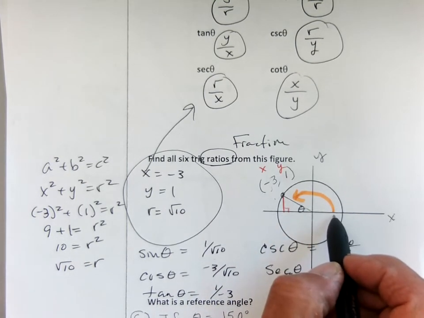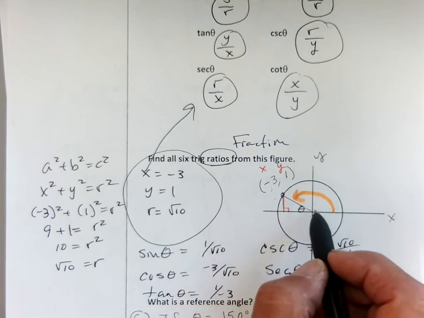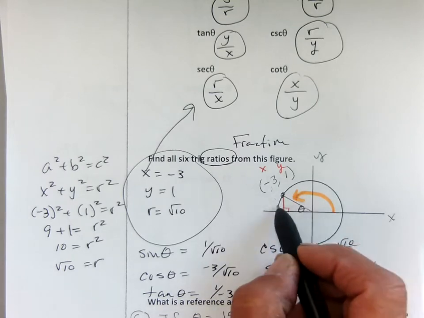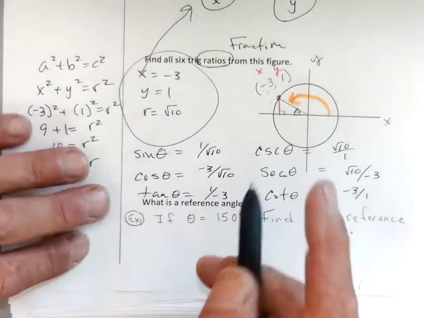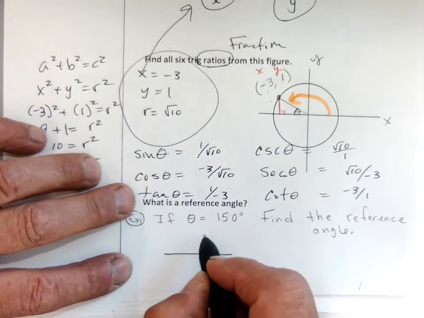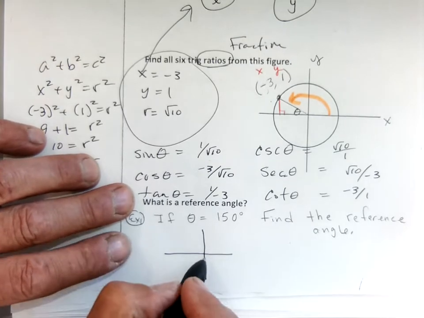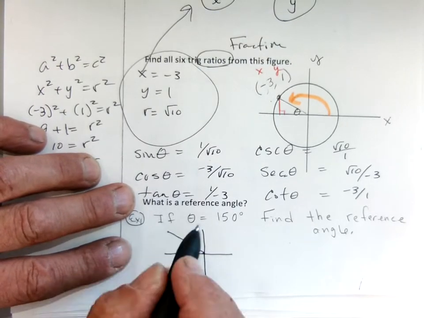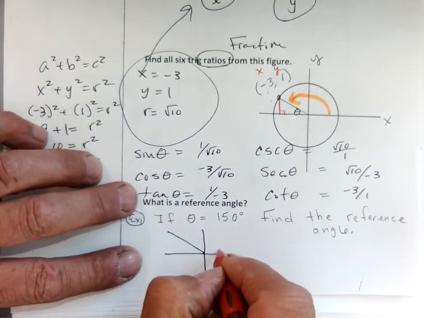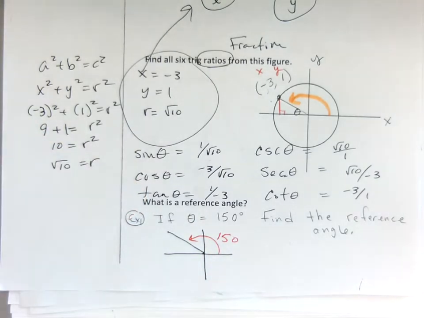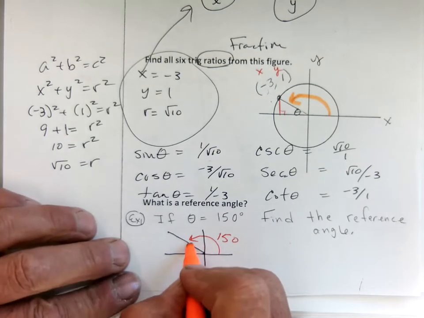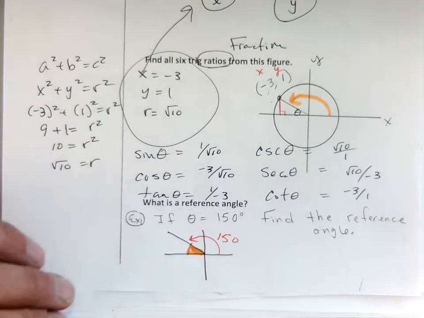So a reference angle is going to be the angle that makes a right triangle on the x-axis. If I take a look at this picture right here, and I redraw it so that my 150 degrees is here, then my reference angle is right there. I'm going to give you a definition.